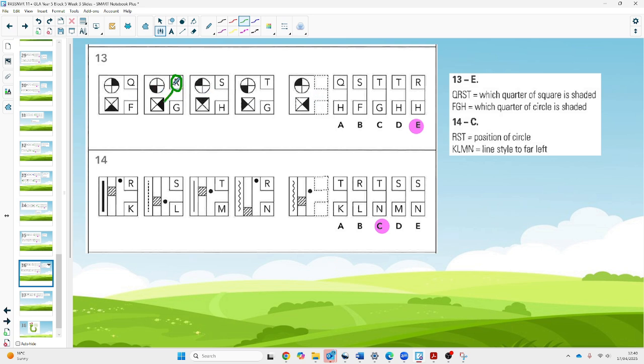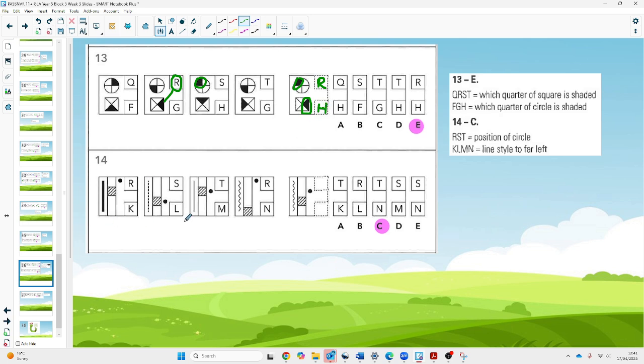This is where it can be a bit confusing because we're looking at the bottom shape for the top letter, but we know that that's the same, so hence why it's an R. And then we can look at the bottom letter as being the top shape, and it's which quarter of the circle is shaded. So we've got this part here, this part here, hence why it's RH. A little bit confusing, that one, but we got there in the end.